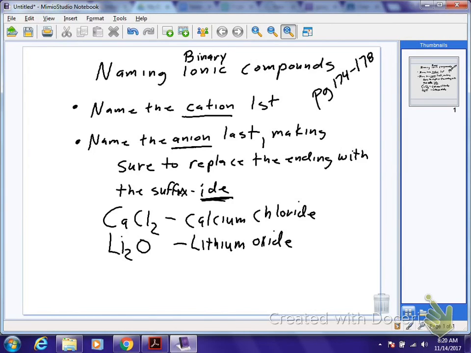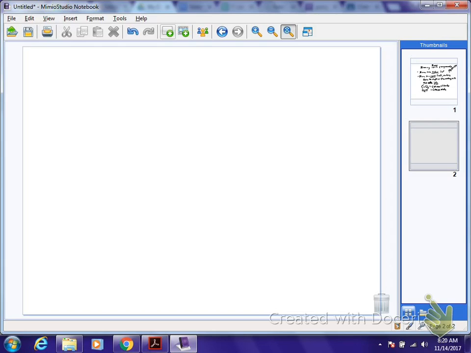So I think we'll come back to this naming where we have to maybe change some things up in our name due to what we call transition elements. So for right now, that's all you need to know. So then we're going to go on in writing formulas from names. So we're going to go ahead and do our next slide. Would be writing chemical formulas for binary ionic compounds.